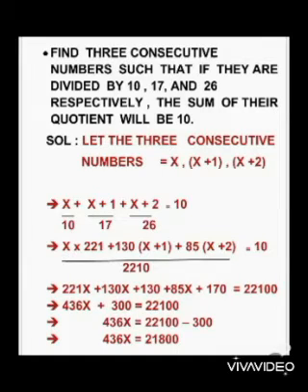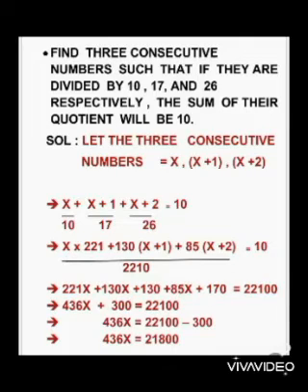So what they have given in the question, children: if these three consecutive numbers x, x plus 1 and x plus 2 are divided by 10, 17 and 26, the sum of their quotients is 10. Means x by 10 plus (x plus 1) by 17 plus (x plus 2) by 26 will be equal to 10.